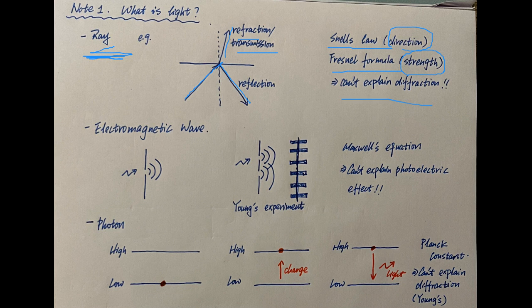So we need a second model, which is electromagnetic wave model. So EM wave model. So when a light propagates towards a slit, it would pass a slit and continue to propagate as a wave.